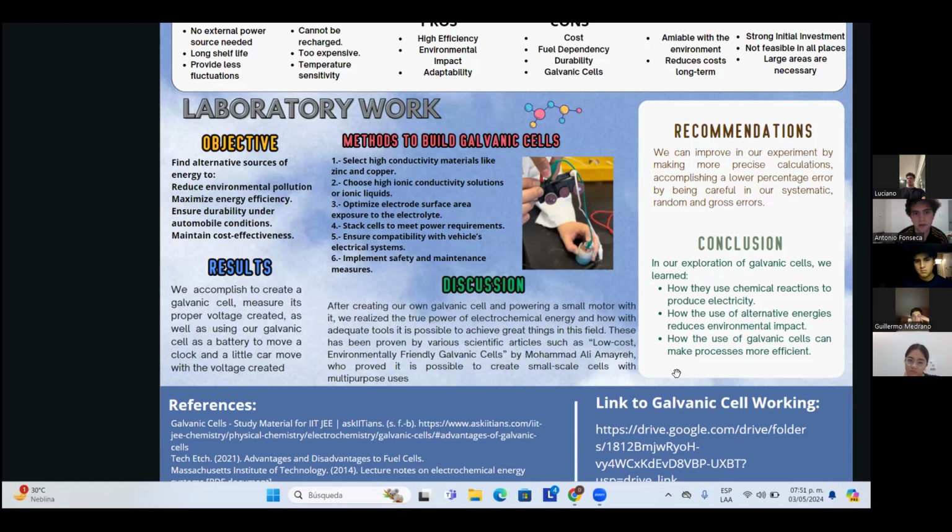Then ensure compatibility with vehicles' electrical systems, because we need to make sure the cell is going to be compatible with them. Finally, implement safety and maintenance measures, and check that it is going to work and be safe for human beings.